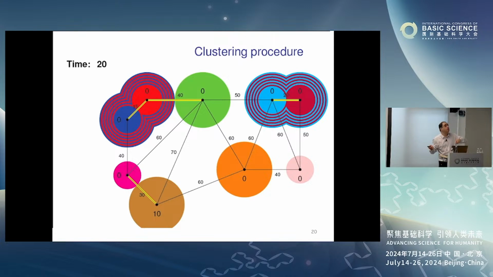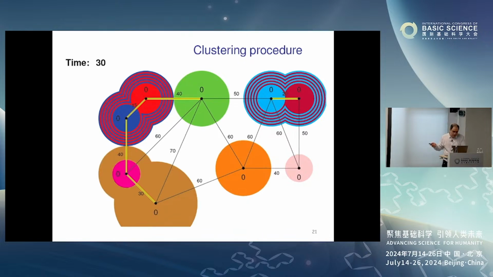Alternately, you will do that, and this is the cluster.